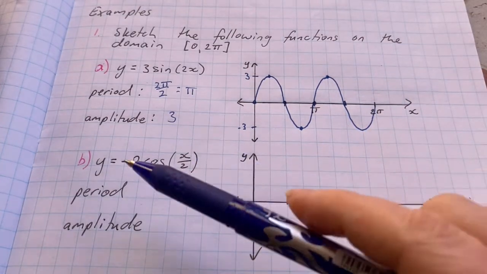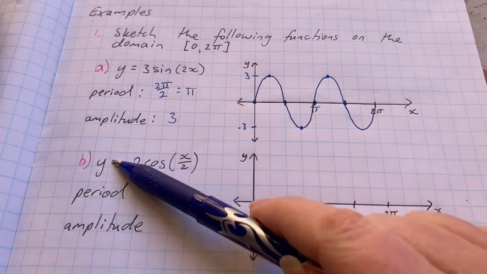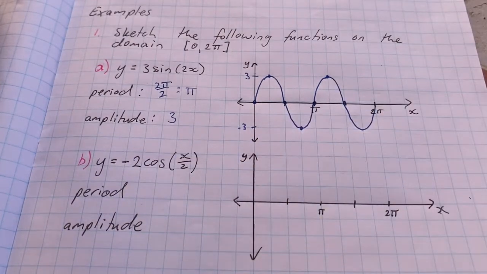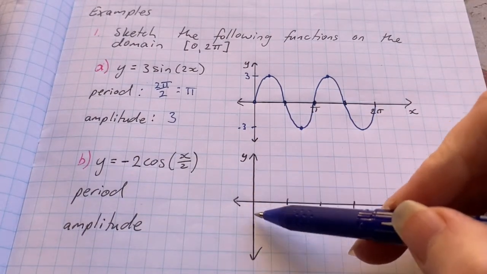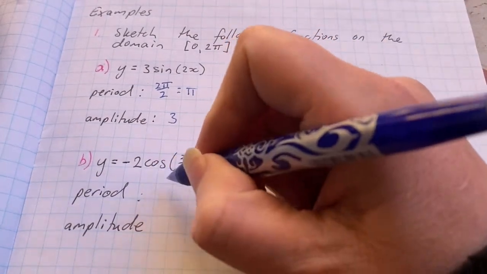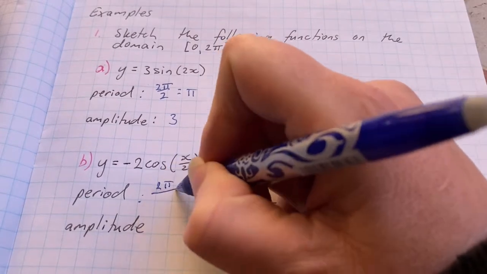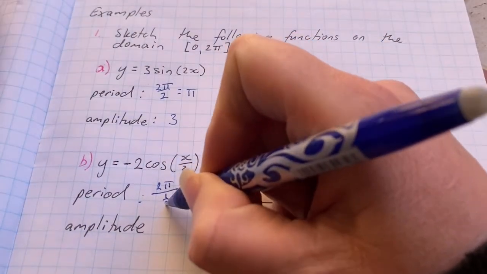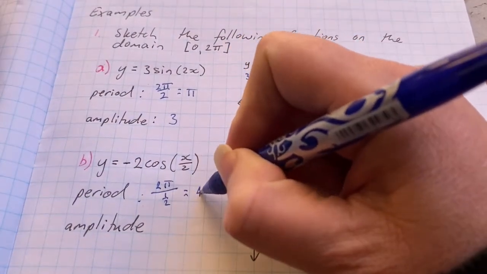We've got one for cos as well. Now this one is negative, so it's going to be flipped through the x-axis. So instead of starting up here, it's going to start down here. The period there, of course, is 2 pi divided by half, which equals 4 pi.